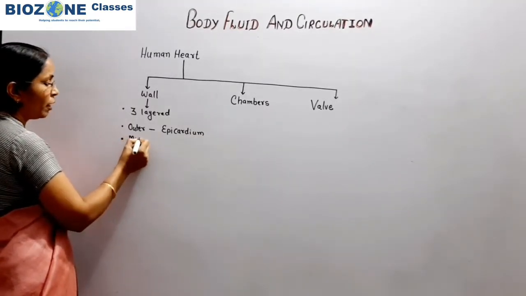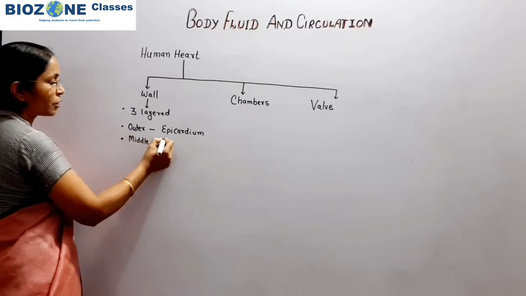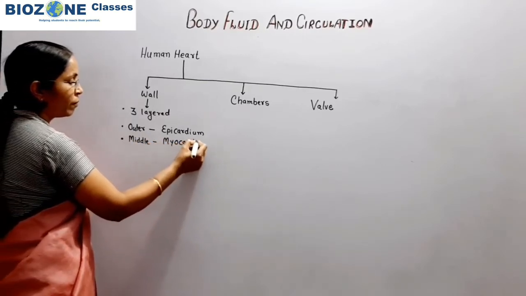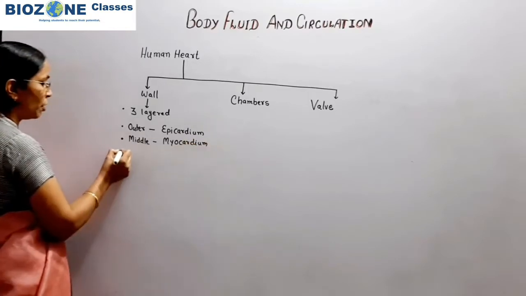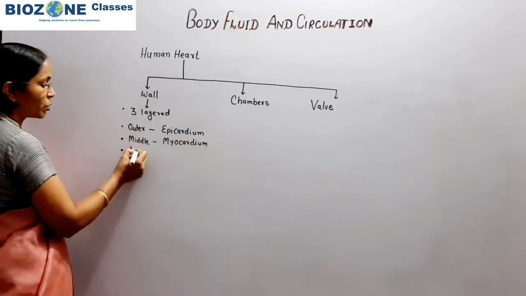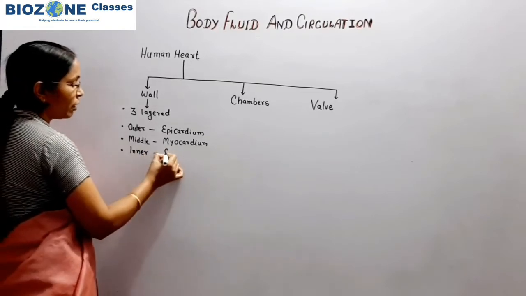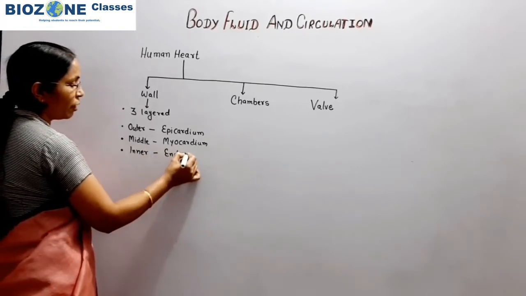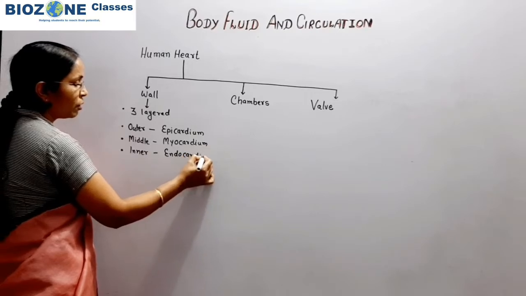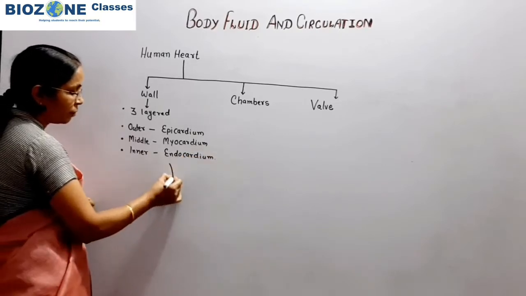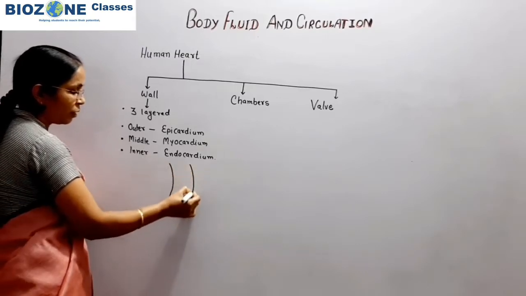Secondly, the middle layer is present, that is called mesocardium or myocardium, and the third, you remember, the innermost wall is called endocardium. Now here you remember, this is the middle layer.